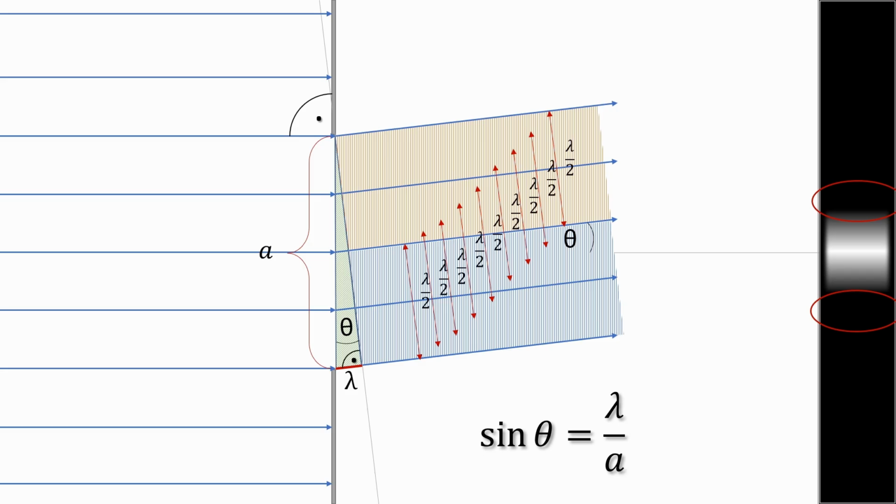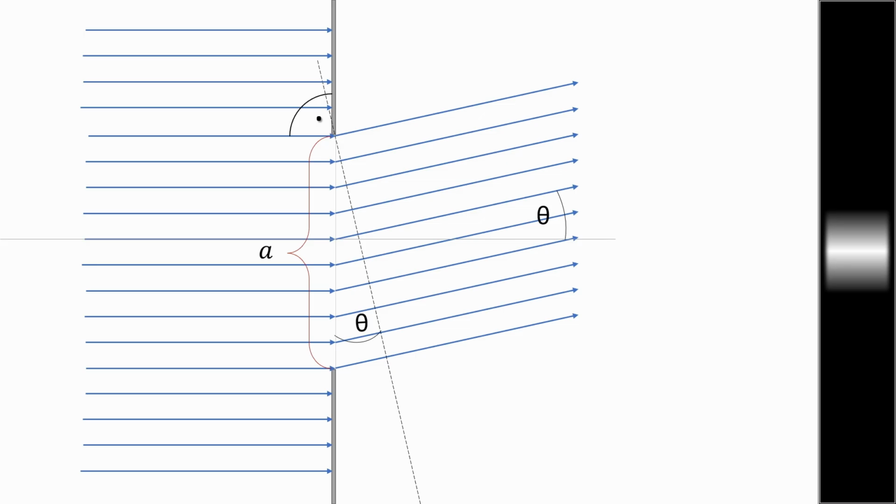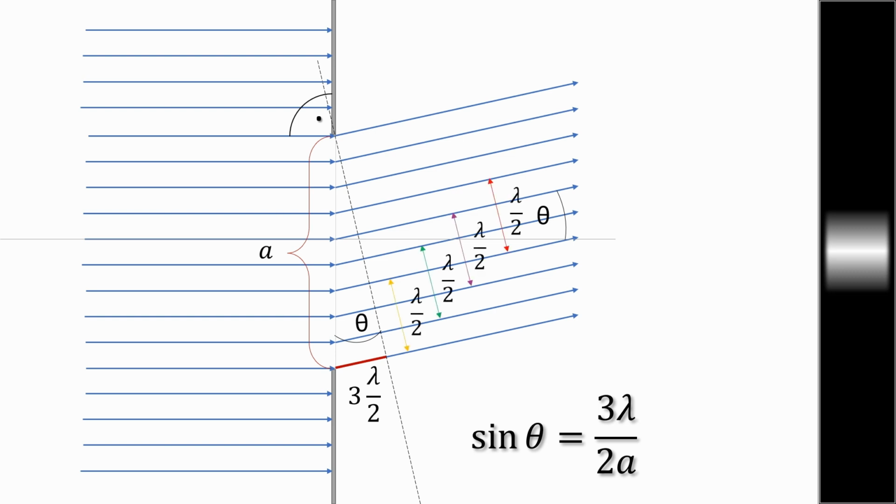If the path difference between the first and the last ray is 3 lambda halves, the sine of the angle theta will be expressed as 3 lambda over 2a. Following the same reasoning as before, for every ray in the lower third of the light beam, there is a ray in the middle third of the light beam in the opposite phase.